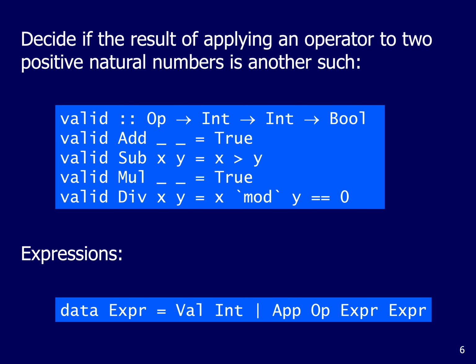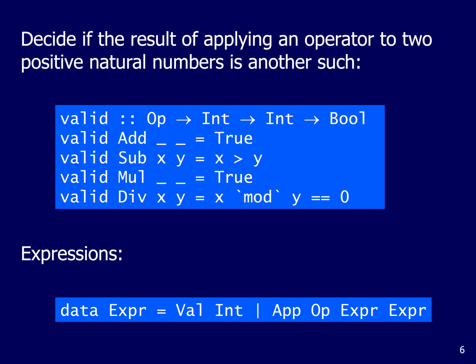So the next little helper function we're going to define is going to decide if the result of applying an operator to 2 positive natural numbers is another positive natural number. Because as we've seen, when you apply an operator to 2 such numbers, you may actually end up with a negative number, you may end up with 0, or you may end up with a proper fraction.